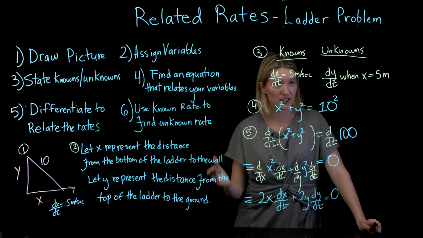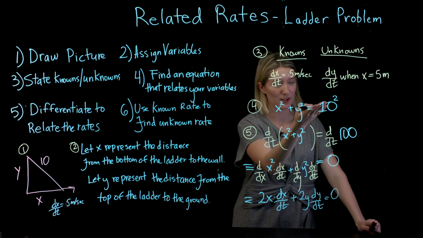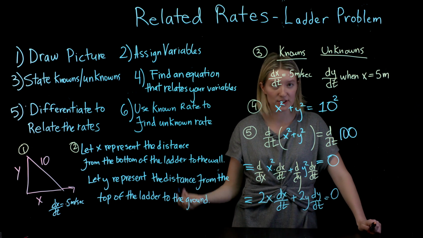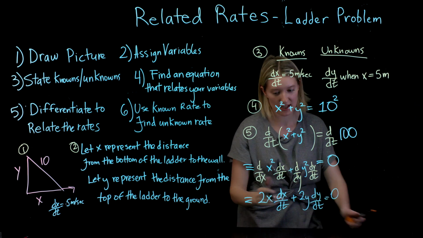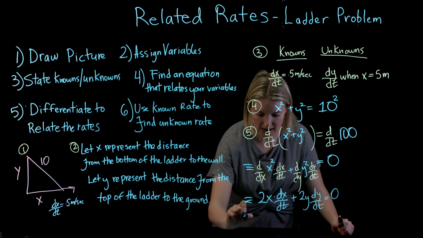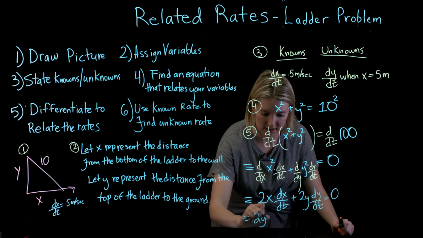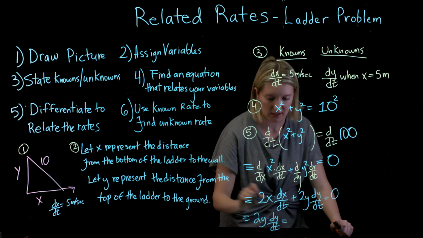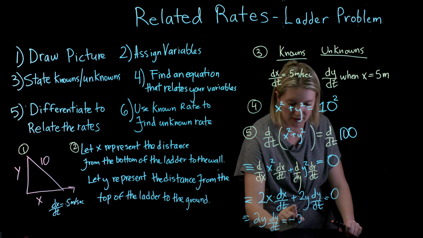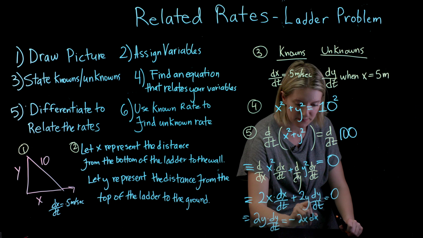Now, the goal is to solve for dy dt when x is equal to 5 meters. So I want to solve for dy dt, so that means I'm going to put everything that I don't want onto the other side. In this case, I'm going to have 2y times dy dt equal to negative 2x dx dt.